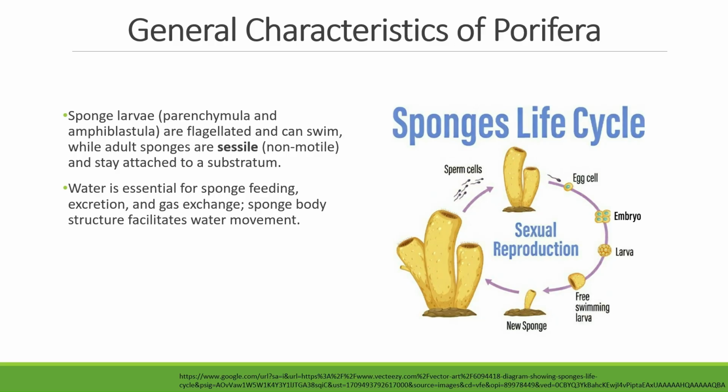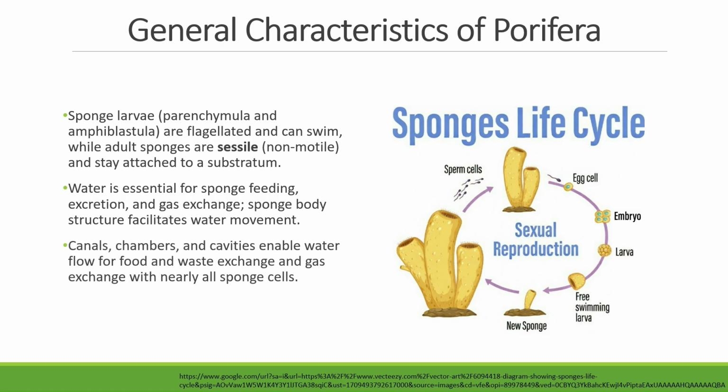Their classic method of feeding, excreting waste, and gas exchange is through water movement. They are masters at constructing canals, chambers, and cavities in which they stream water along and through for efficiency. This system ensures that the sponge stays in direct contact with moving water, making feeding, cellular respiration, and waste removal possible even in such a simple organism.